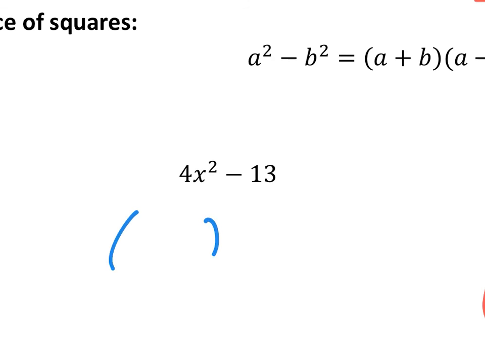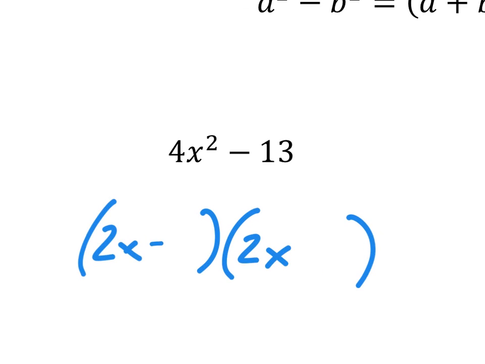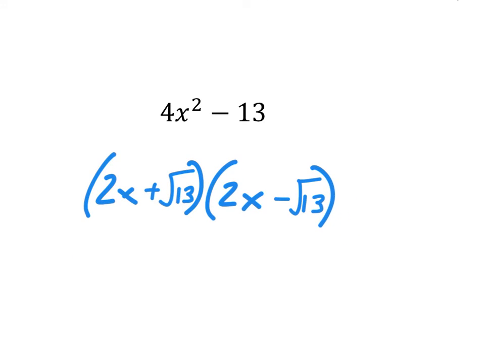What you can do on this is follow the same pattern. So the square root of 4x squared is 2x and 2x. The square root of 13, with the plus and the minus, is square root of 13. And that's a fast way to get ones like that factored.